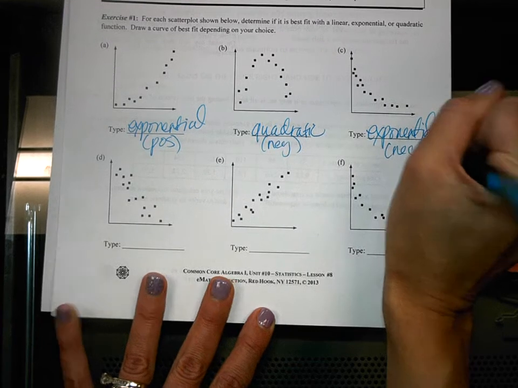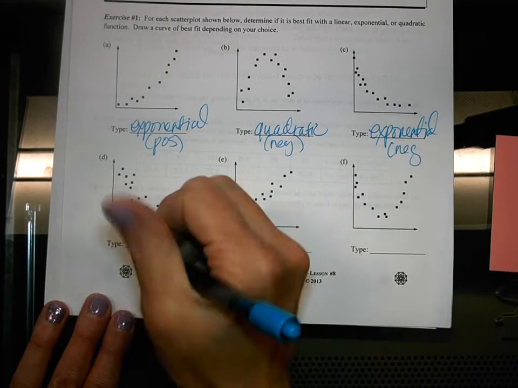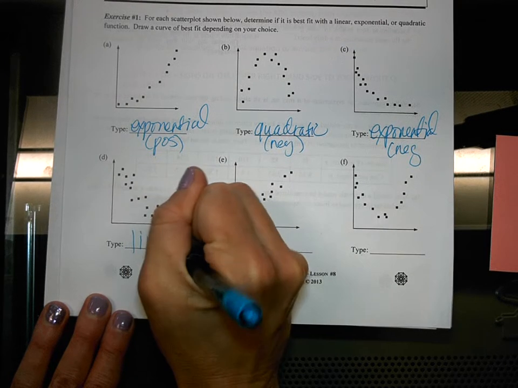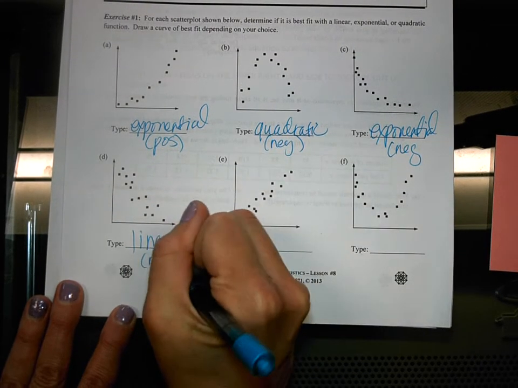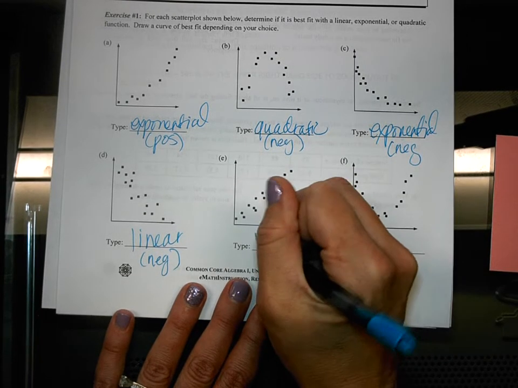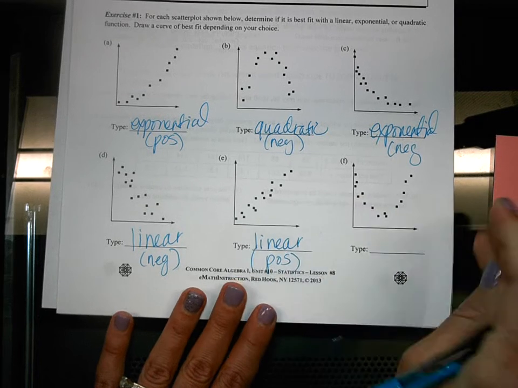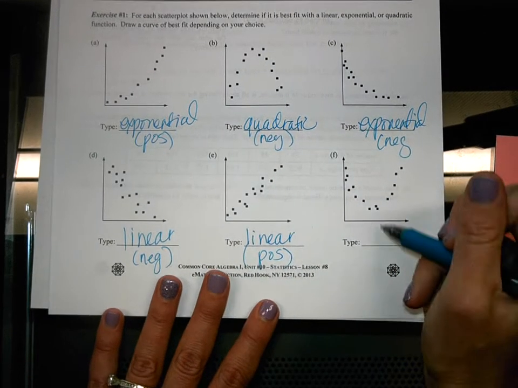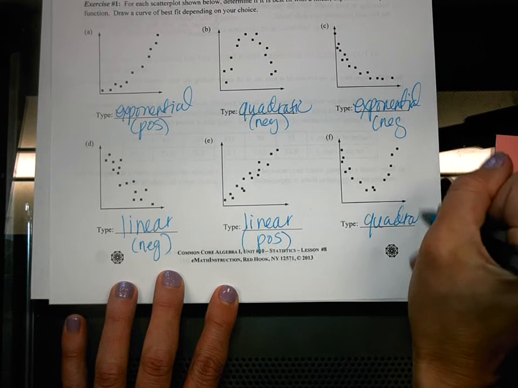Okay, this right here is a linear negative. This one is? Good. And the last one over here? Positive quadratic. Good.